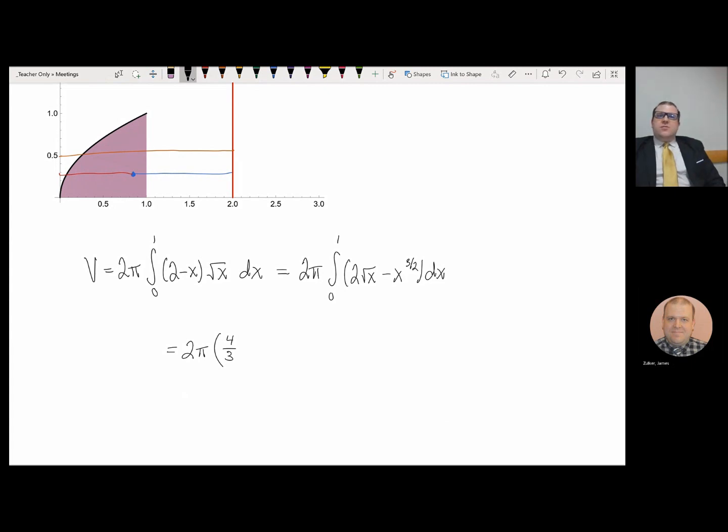Square root of x is 1/2. Now I'm doing the 3/2 one. That'd be 2/5 x to the 5/2, right? Evaluated from 0 to 1 is just 2/5.